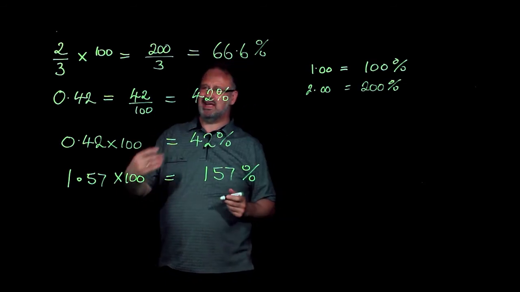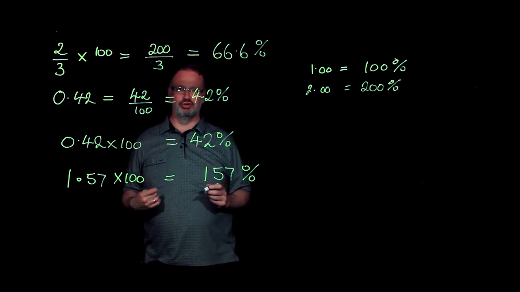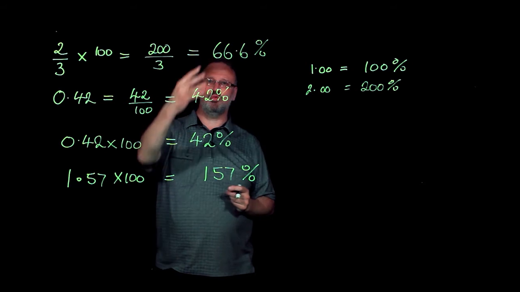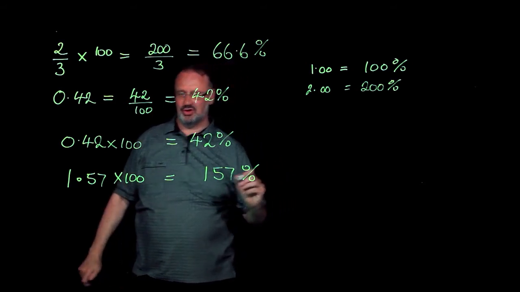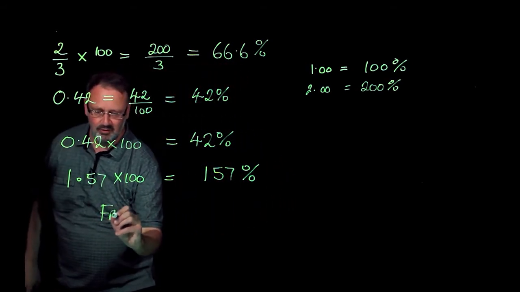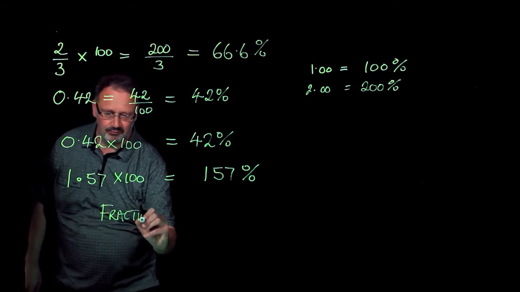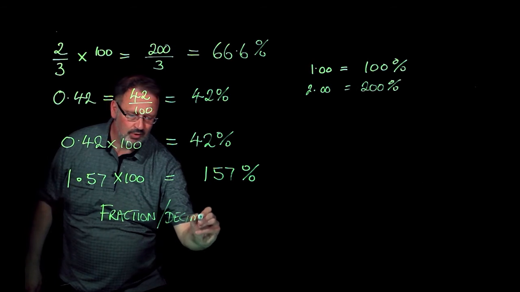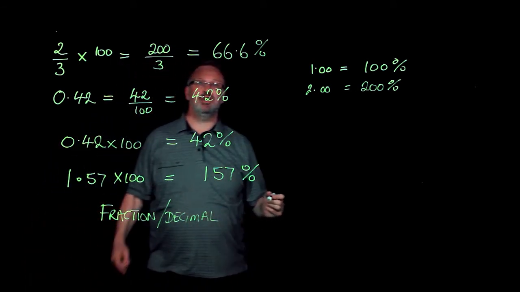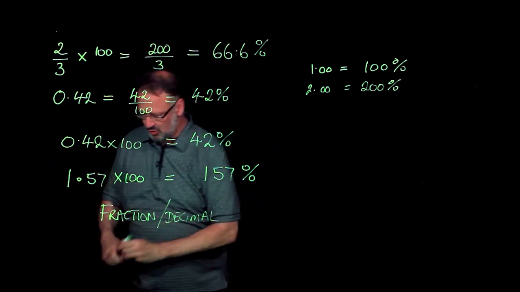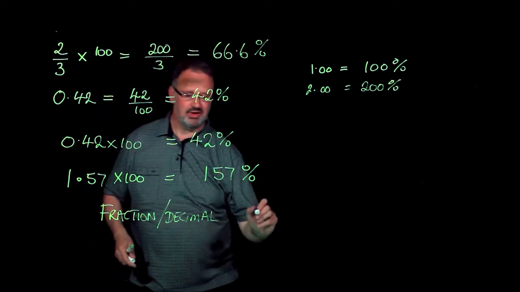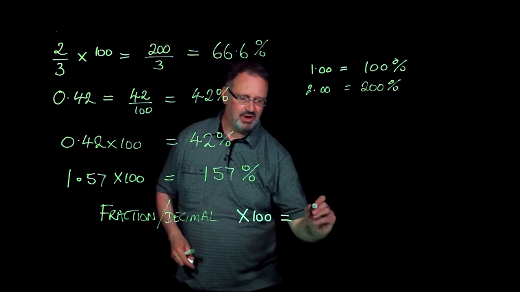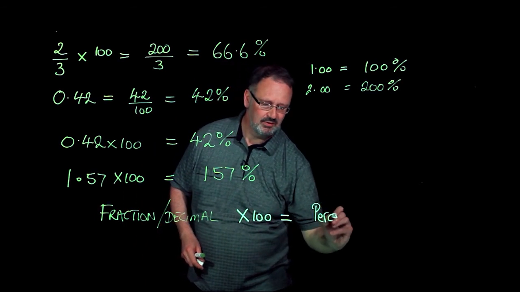And this obviously leads me into my general rule. If I take a fraction or a decimal and I want to turn it into a percentage, so here we have fraction or decimal, to turn either into a percentage, I will take that, multiply it by 100, and this gives me my percent.